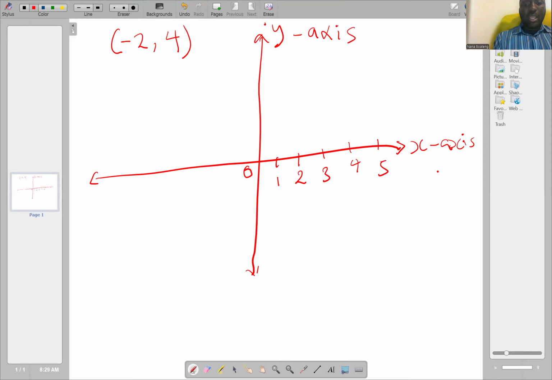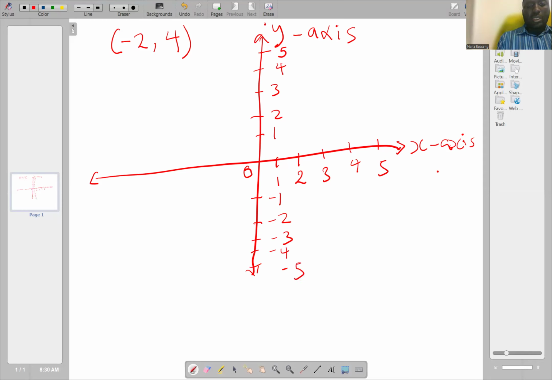And on the y-axis, 1, 2, 3, 4, and 5, and going down, -1, -2, -3, -4, and -5.